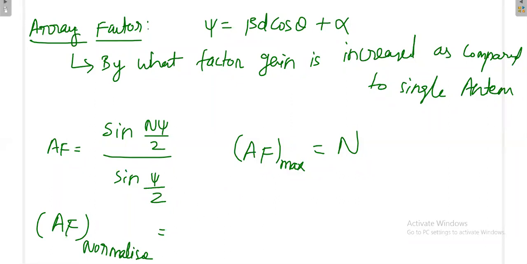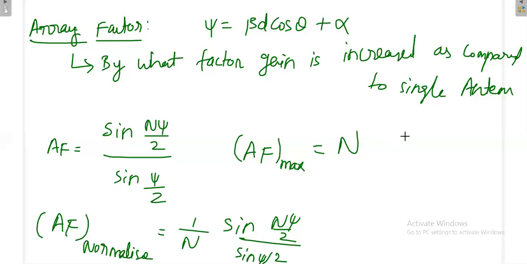Once normalized, this is 1 by n times sin(n psi/2) divided by sin(psi/2). This is the normalized array factor. This is simple array factor. This is the maximum value of the array factor.